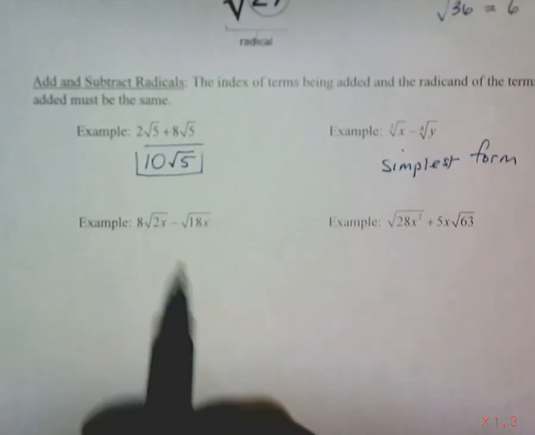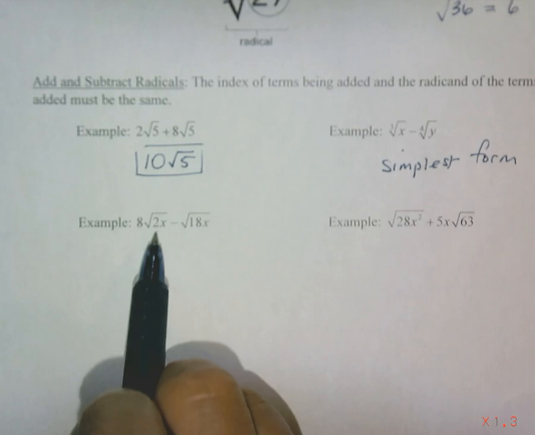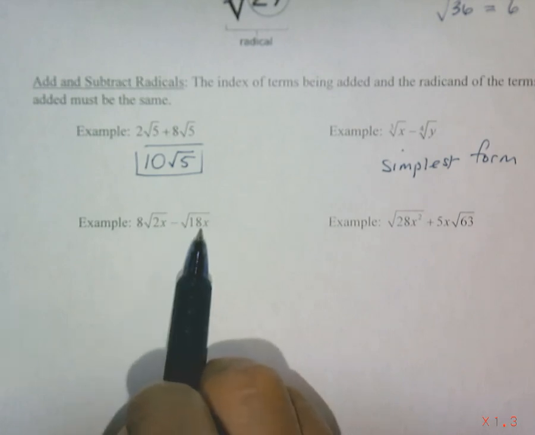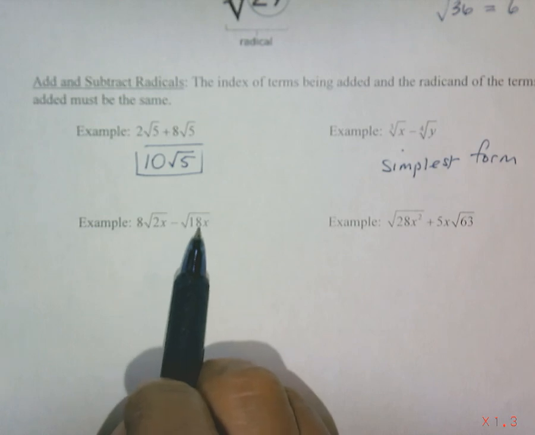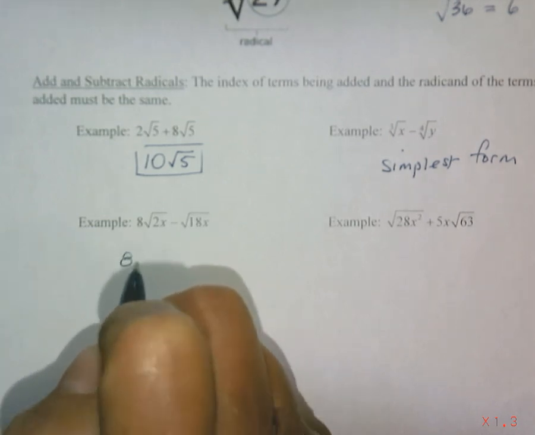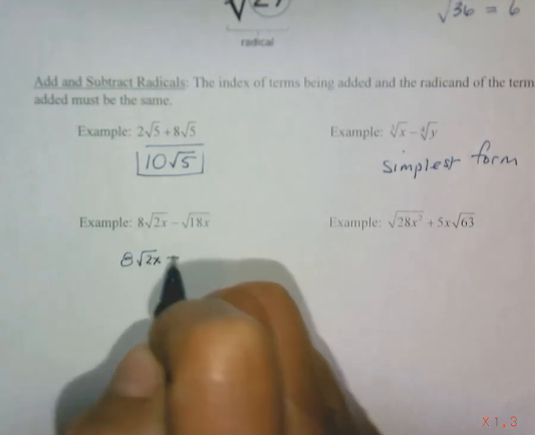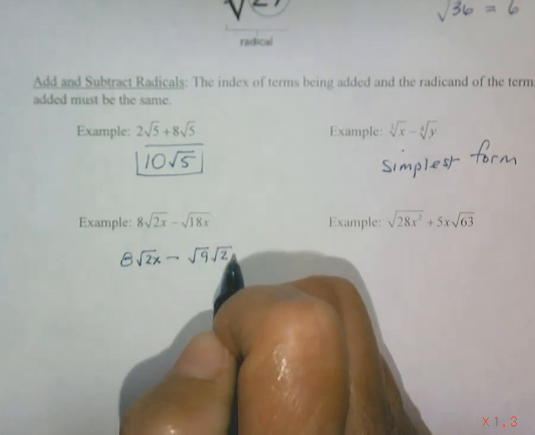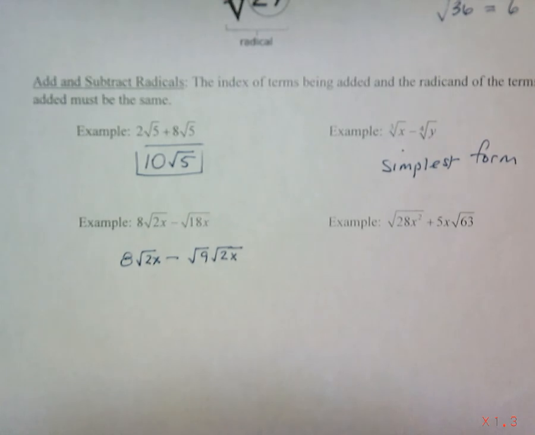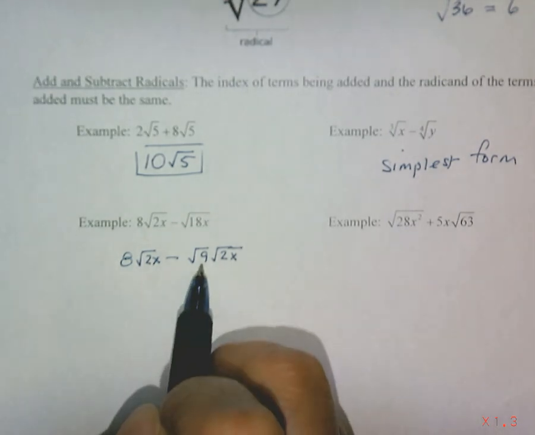The next one, the radicand has a 2x, this has an 18x. I can't do anything with these as they are, but I can reduce the 18. So I have 8 square root of 2x minus, this would be the square root of 9, square root of 2x. Square root of 9 is 3.